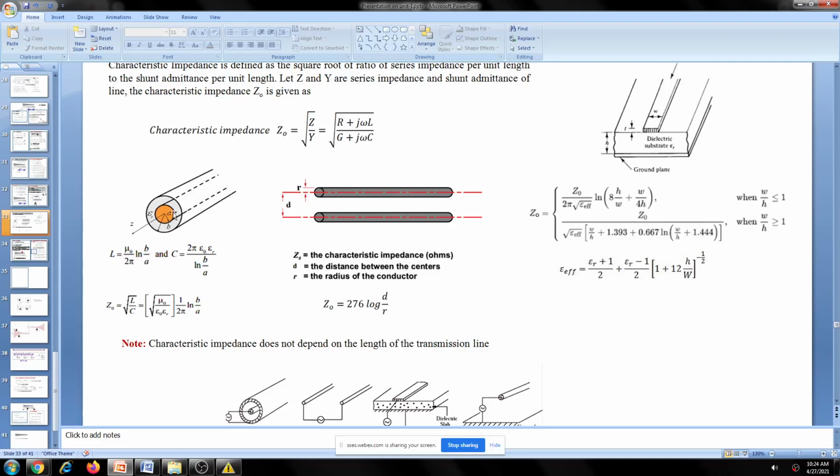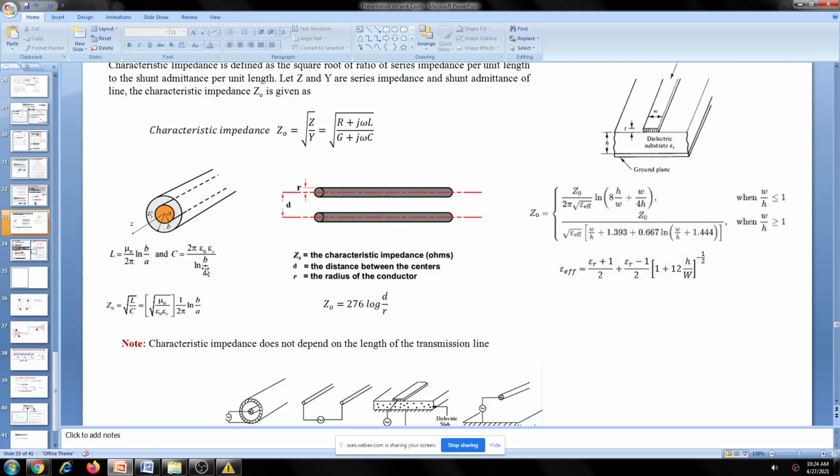Similarly, the capacitance per unit length of this coaxial cable is given by this equation. There are already derived equations for calculating inductance and capacitance per unit length of these structures. I have written them here for this coaxial cable.